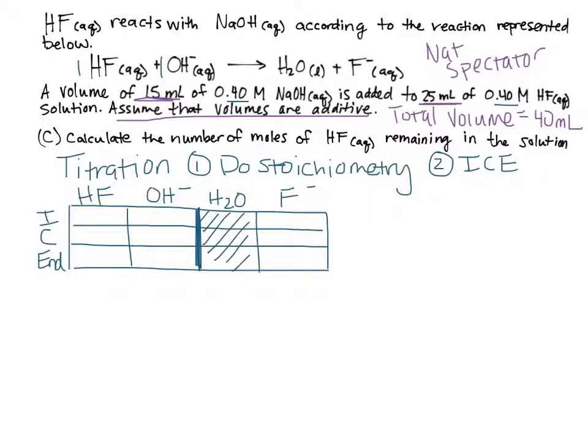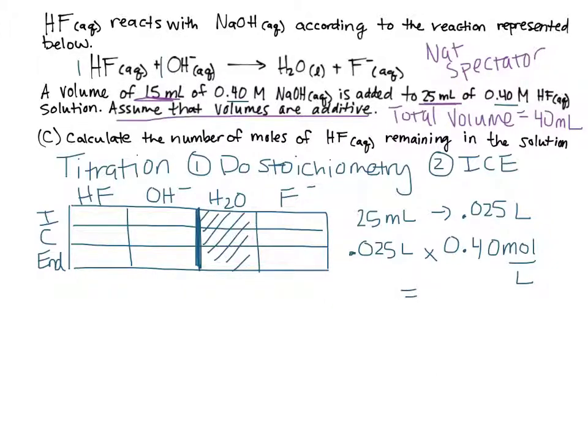So I'm going to take my 25 milliliters, and I'm going to realize that that is the same thing as 0.025 liters, which is much more helpful to us. We're going to take these liters, which is the amount of solution, and I'm going to multiply that times the concentration of my HF, which is in molarity, which is the same thing as moles per liter.